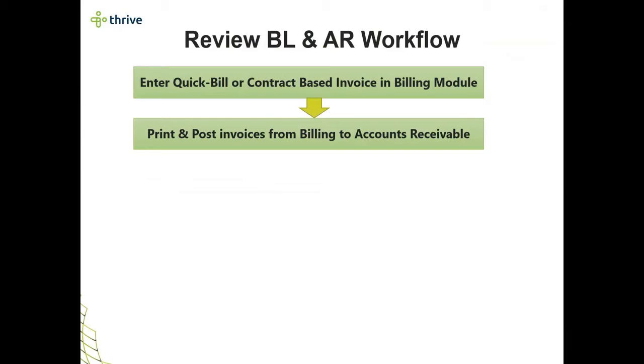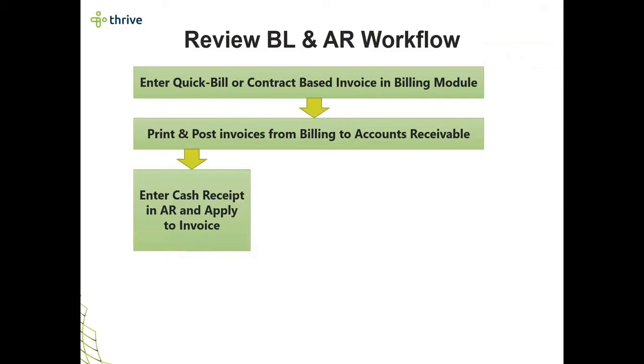But most of our job or contract-based systems use either quick bill or contract-based invoicing from the billing module. Once those invoices are printed and posted from billing, they're posted through to accounts receivable, ready to either have a statement printed out or actually receive the cash in from the client to pay the invoice.